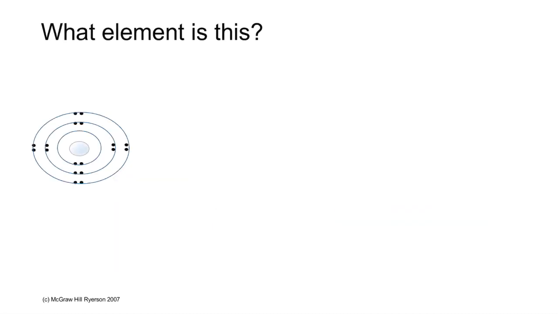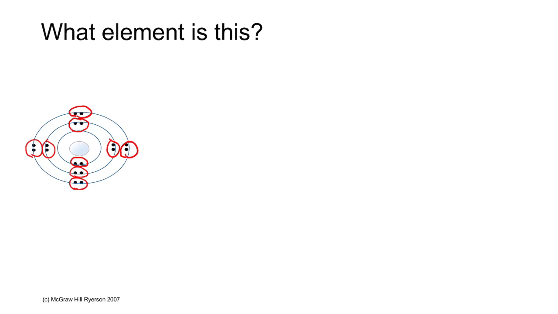Okay, what element is this? If we count the number of electrons present, we have 2 in the first shell, 8 in the second shell, so that brings us to 10, and then another 2, 4, 6, sorry, I should have circled that before, 8.